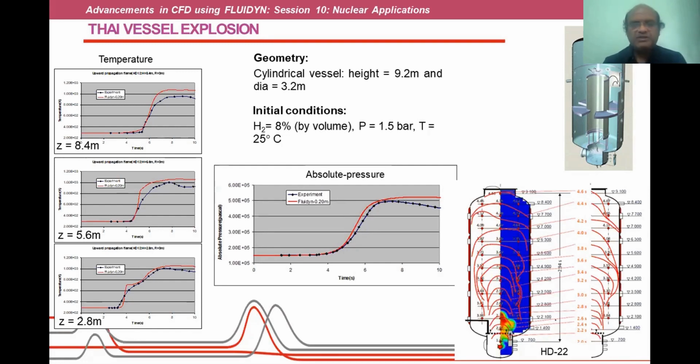This development was done by Dr. Chandil, who explained to you various turbulence models. And these are validated against various experimental data like this.